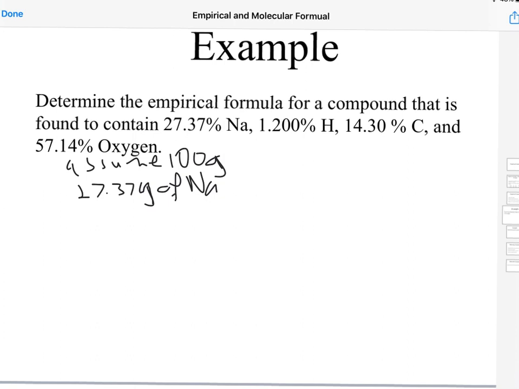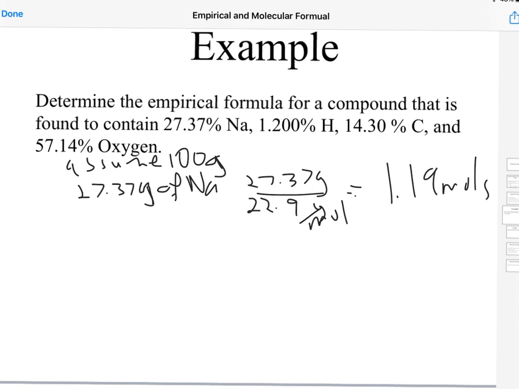So 27.37 grams divided by the molar mass of sodium, which is 22.99 grams per mole, equals 1.19 moles.